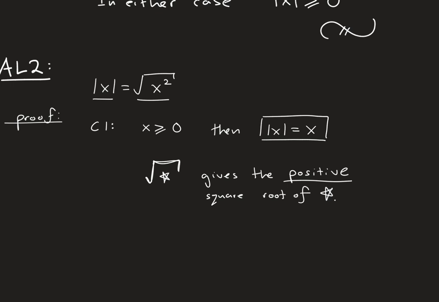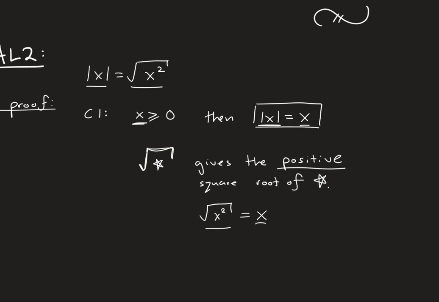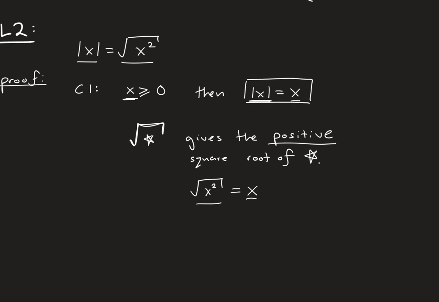But the square root of x squared, the positive square root of x squared, is just x. And therefore, x is positive. Square root of x squared is also equal to x. Oh, look. The absolute value of x is equal to x, but x is equal to the square root of x squared, because that has to hand us back the positive root. And therefore, in that case, the absolute value of x is equal to the square root of x squared.